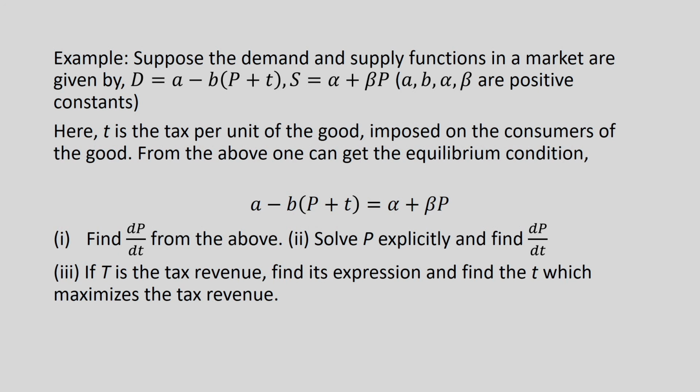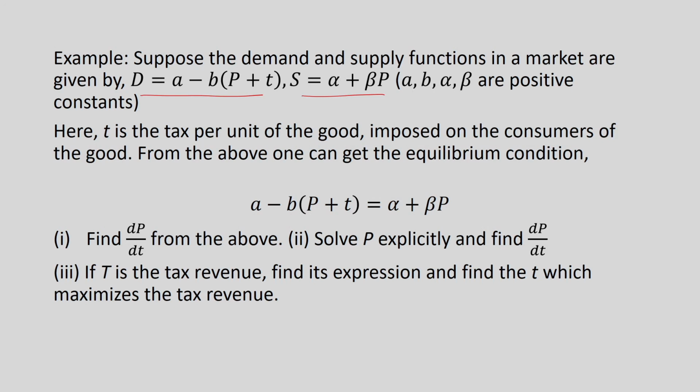I now talk about another example where implicit differentiation and chain rule will be used. Suppose the demand and supply functions in the market are given by D. So, this is the demand function, quantity demanded is a function of price, and S, quantity supply, is a function of price.